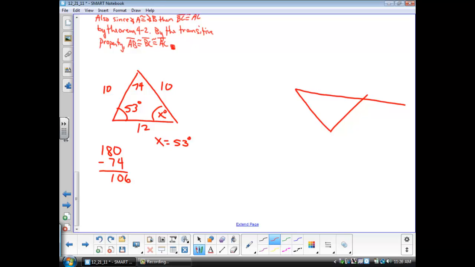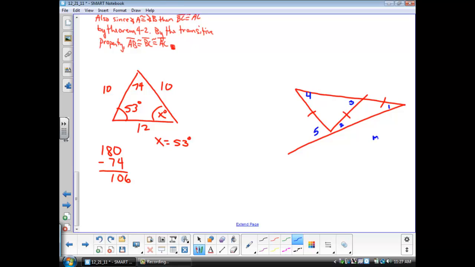See if I can do this. It's kind of at an angle. And we have these sides all congruent. We have the angles numbered 1, 2, 3, 4, and 5. And they tell us on number 23 that angle 1 is 20 degrees.